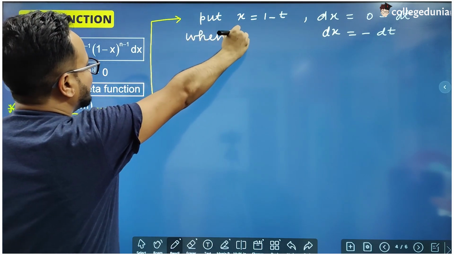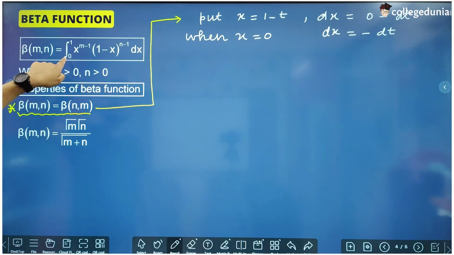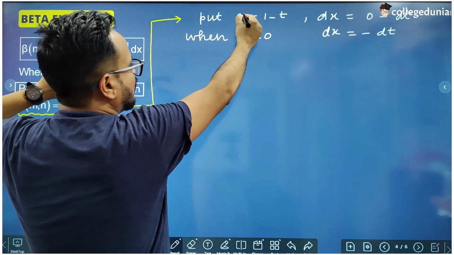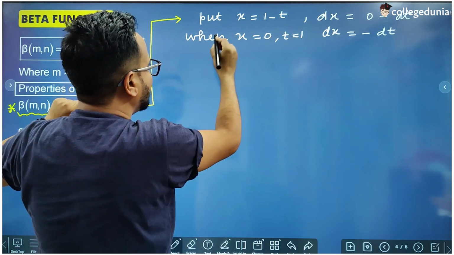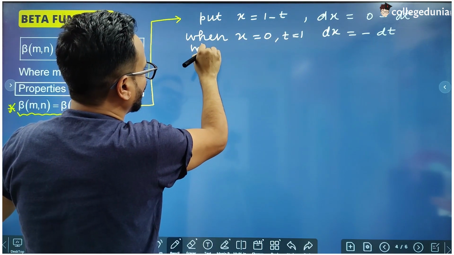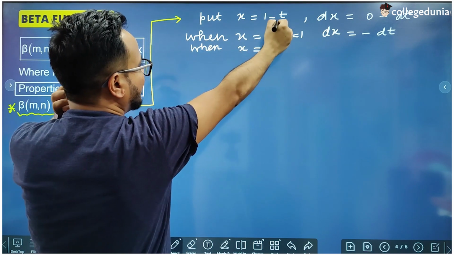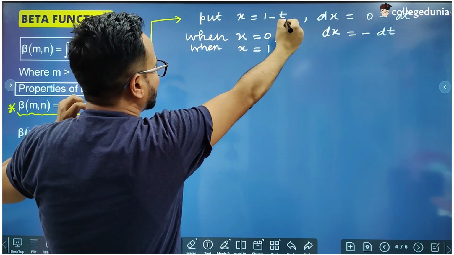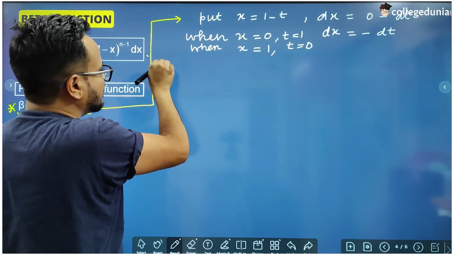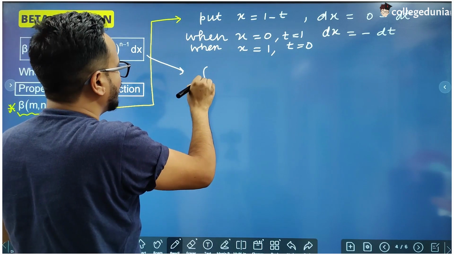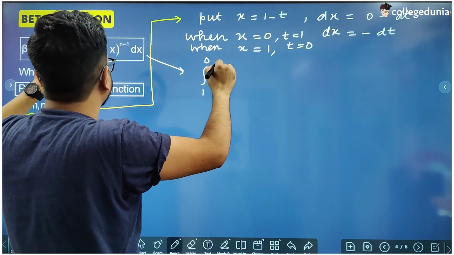When x is 0, the lower limit is 0, and if you put 0 here, you are going to get t as 1. And when x is 1, the upper limit, 1 gets cancelled out and t becomes 0. So this function in t now has lower limit 1 and upper limit 0.